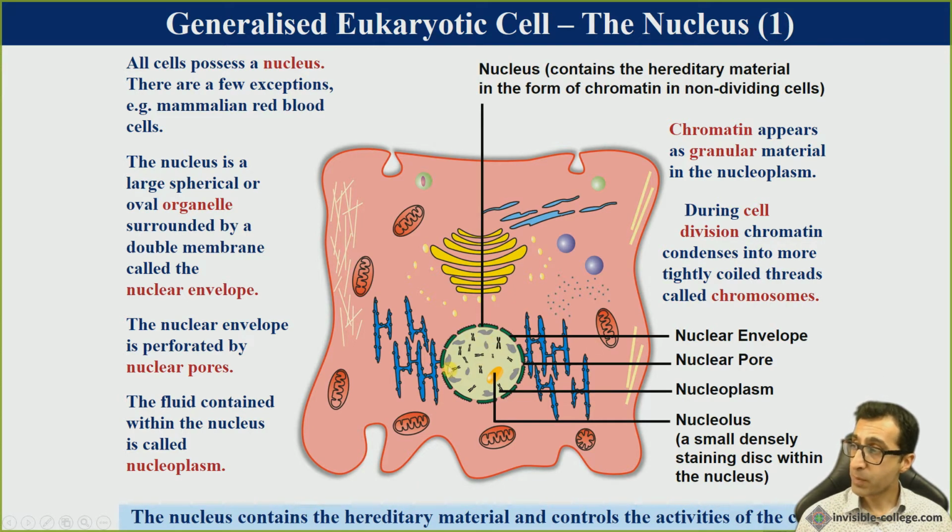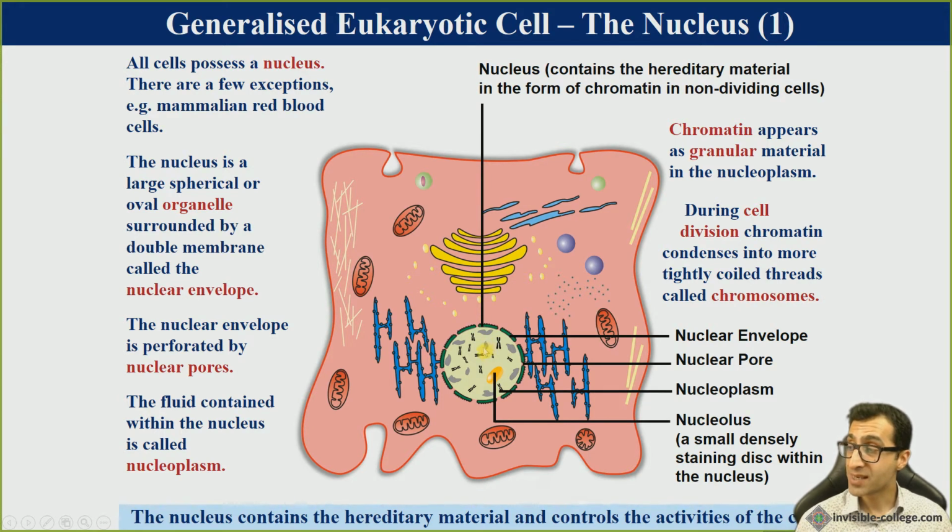It's also important to remember that chromosomes, although they are important structures, are not visible through the majority of the cell cycle. These only become visible during the period leading up to cell division and during cell division. For the majority of the rest of the time, the genetic material in the nucleus is packaged into a material called chromatin.